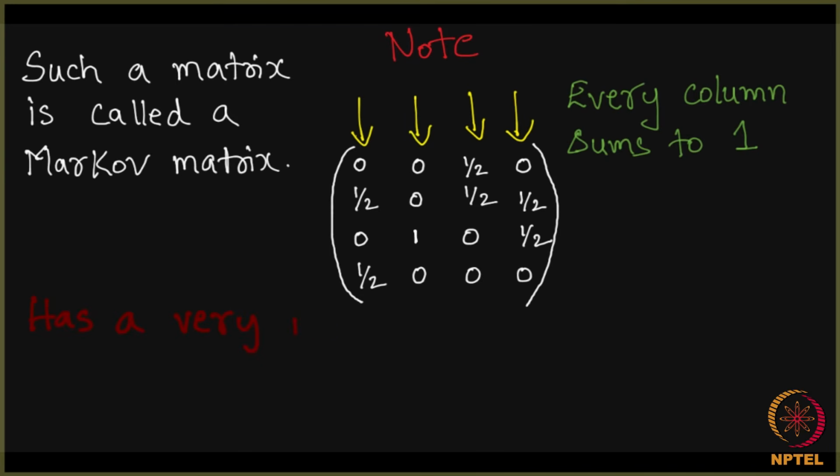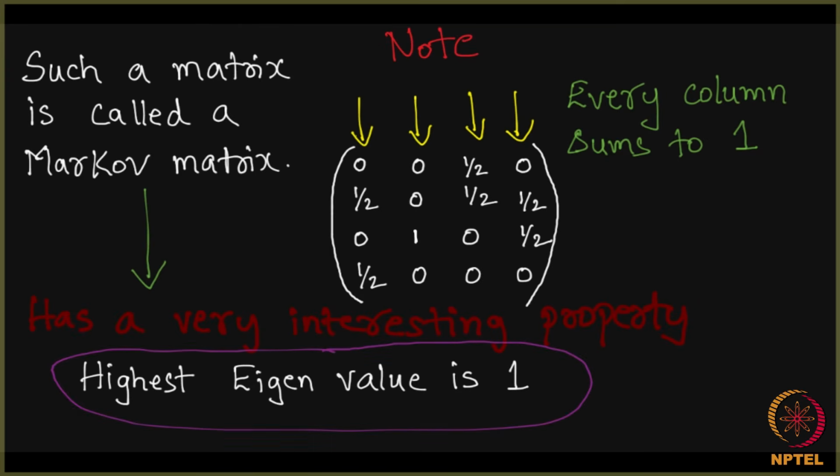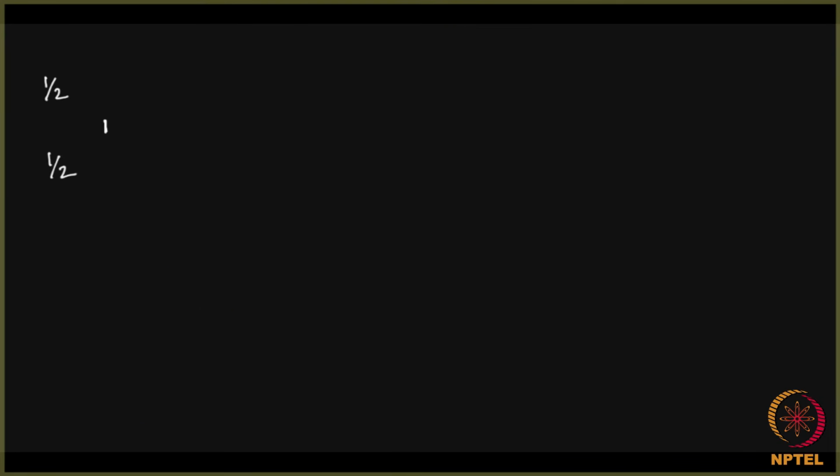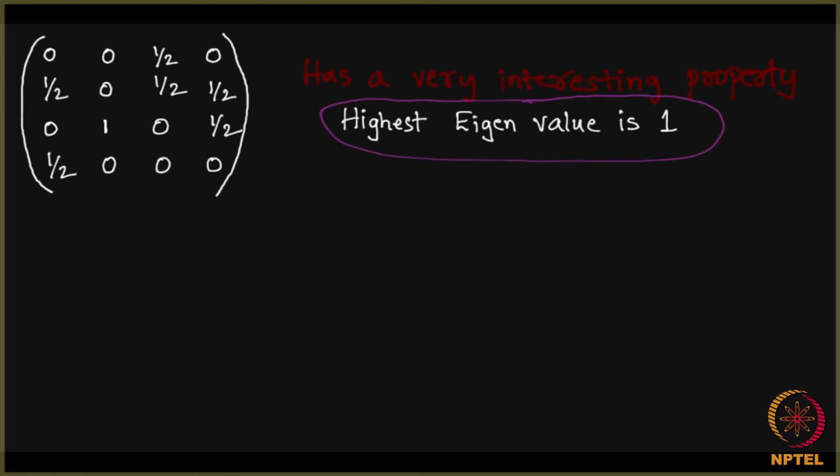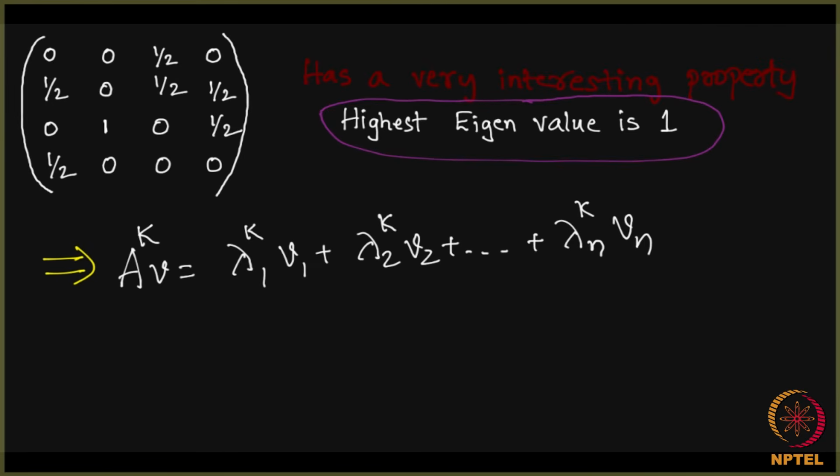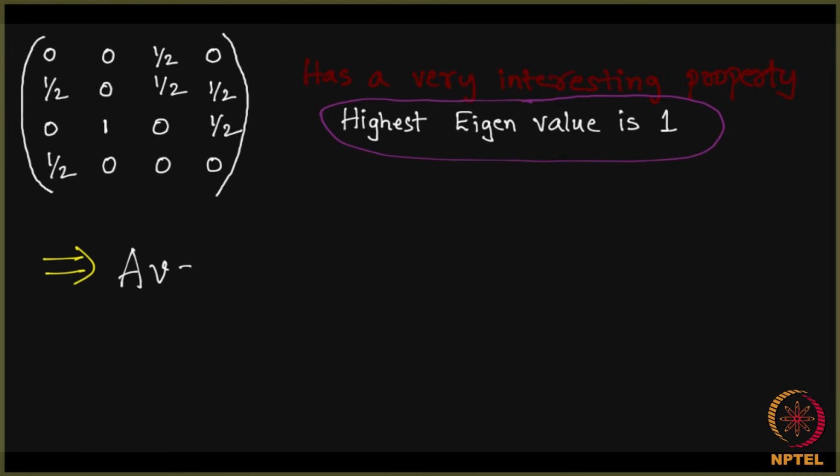This Markov matrix has a very interesting property. Its highest eigenvalue is simply 1, which means every other eigenvalue is less than 1. Alright? Okay. Do you see what happens here? Let's go slowly.